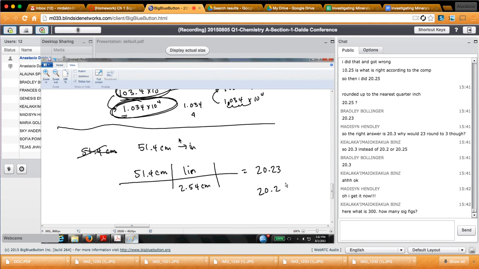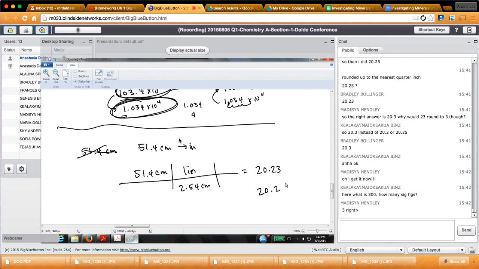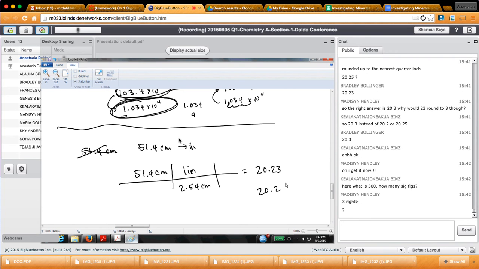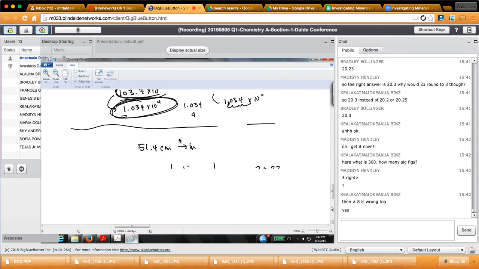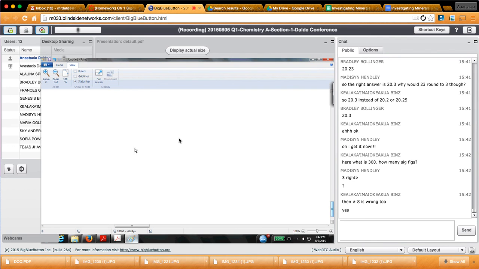All right, 300 point. How many significant figures? I'd say 3. Did I put that wrong in the computer? Okay. Let me use that as a quick teaching opportunity, and then I'm done. Look, I rarely ever write 300 point. That doesn't make any sense.